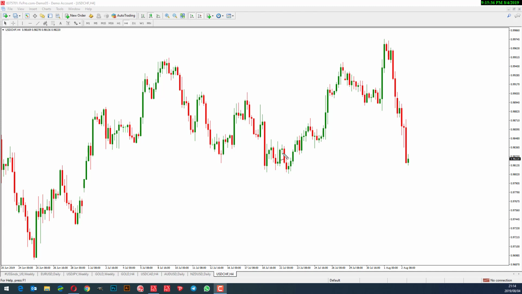Now, what do we mean by a bullish engulfing candle?